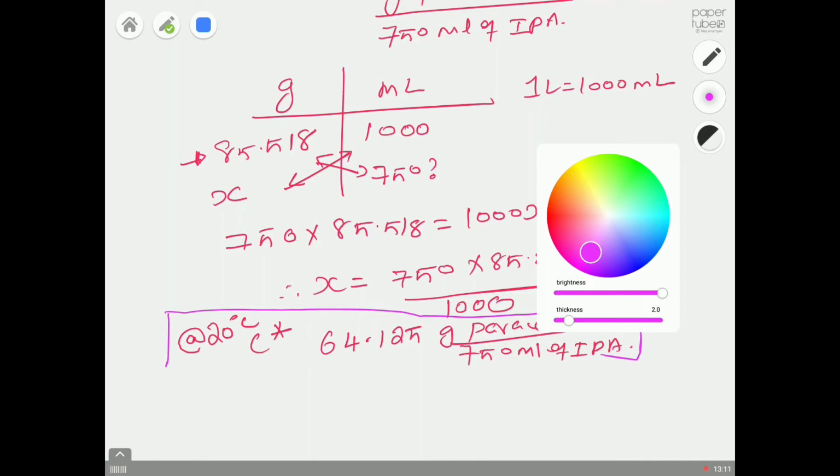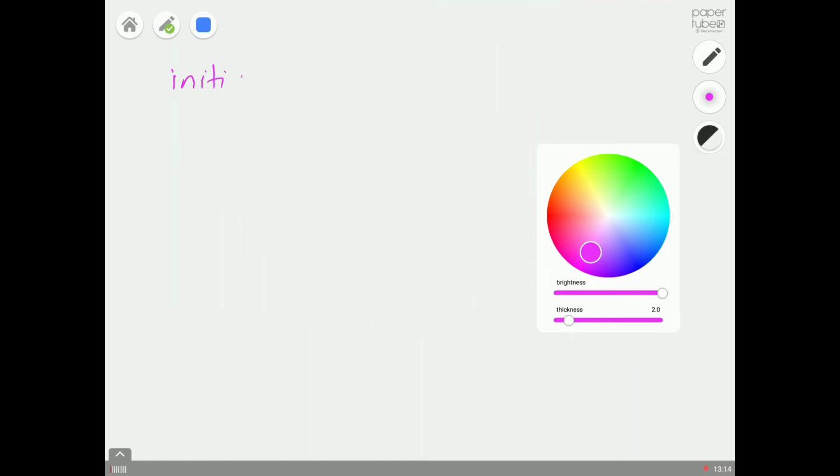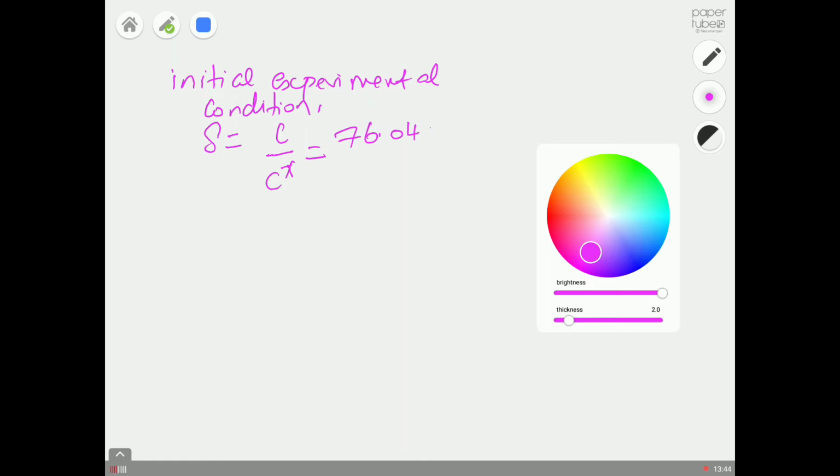So this is the initial experimental condition. Your supersaturation ratio is C by C star. So how many grams did we add? I forgot, let me check. 76.048 grams of paracetamol per 750 ml of IPA.